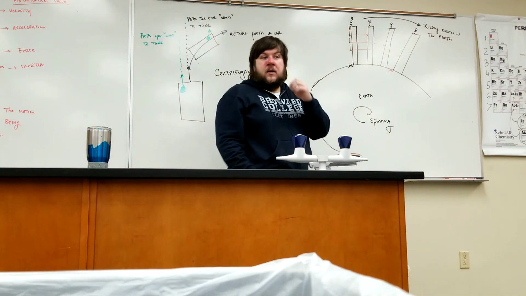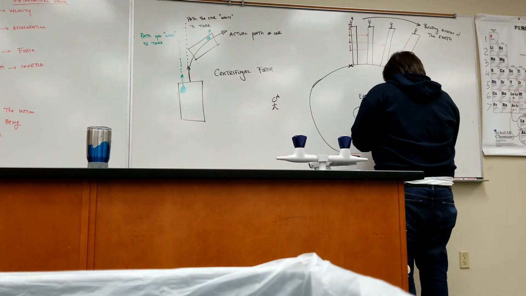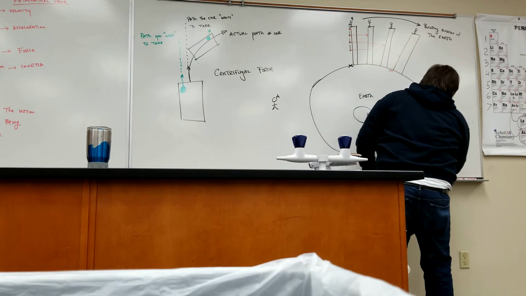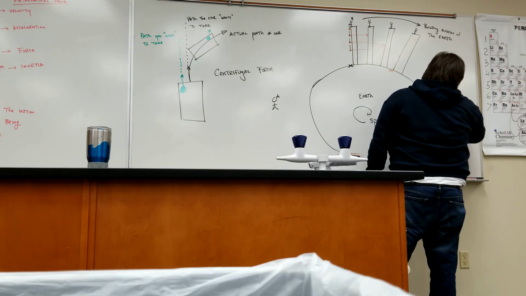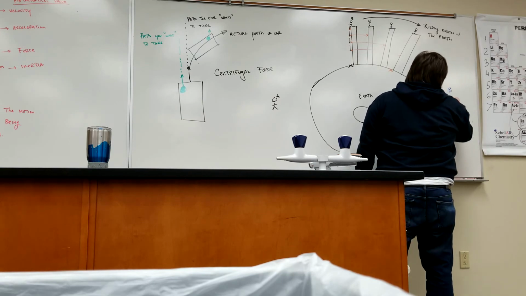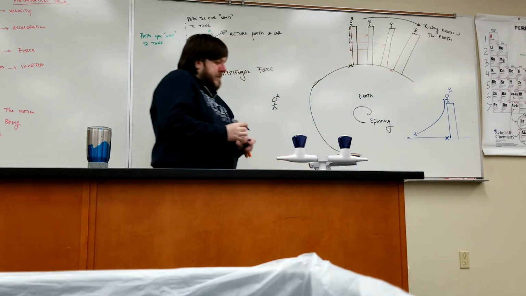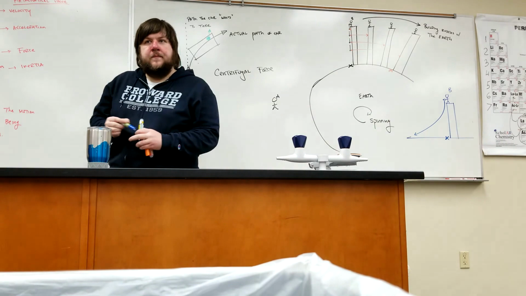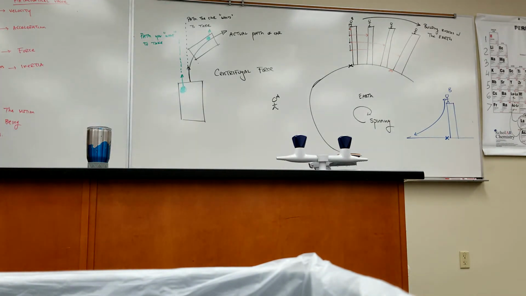But according to Bob, I don't have a lot of room here to draw Bob's perspective, but according to Bob, the ball travels along this path. So it seems like there's a force pushing the ball away from the building, but there actually isn't.